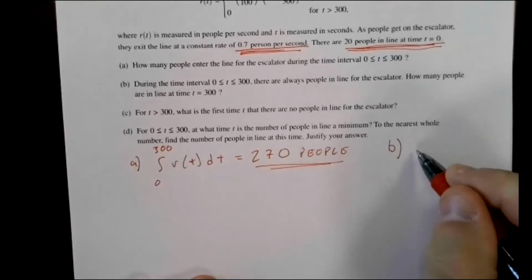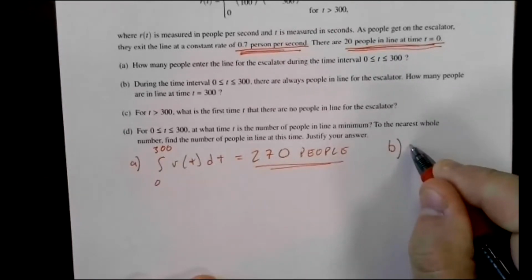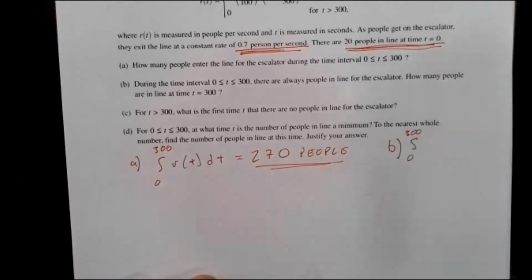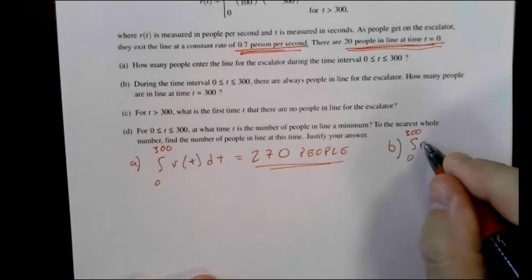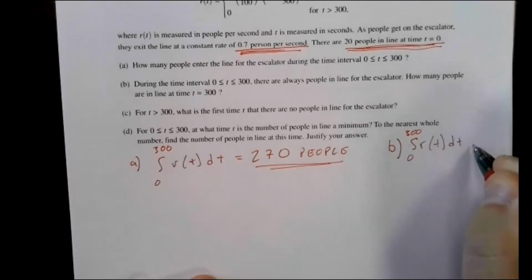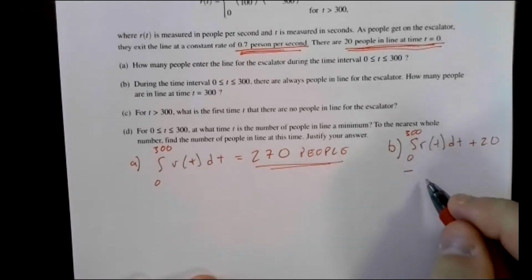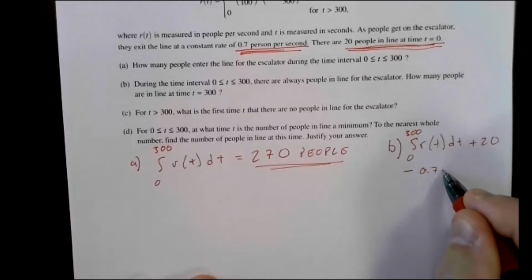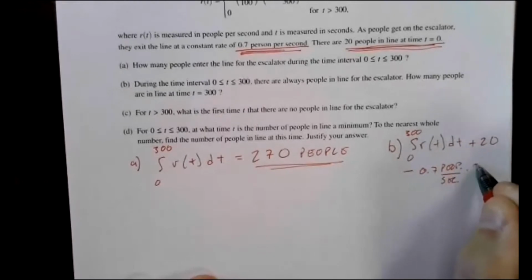Well, I suppose I should write it out. Integral from 0 to 300 of R of t dt, plus the 20 people in line at the start, minus the rate, 0.7 people per second, times 300 seconds.